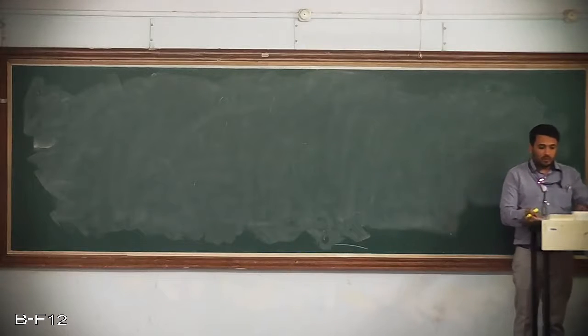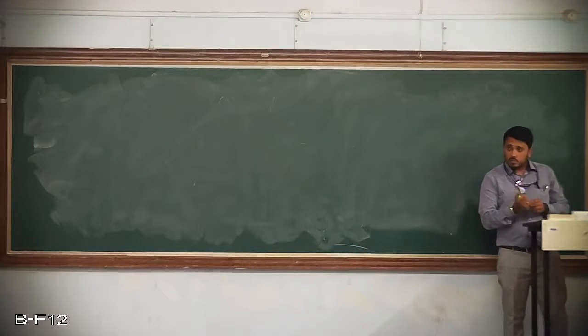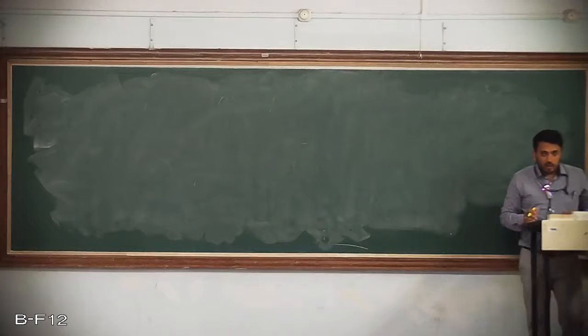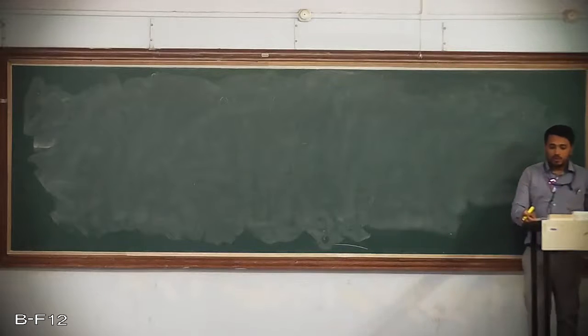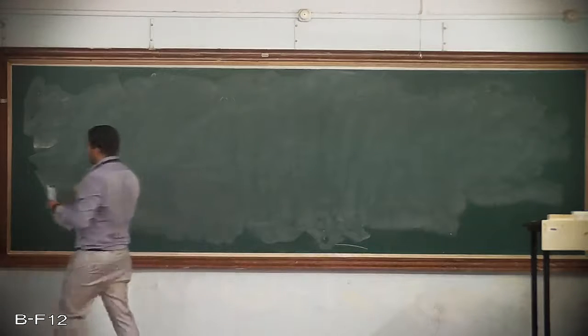I'll start with the numericals. So first one is: determine the reliability of a system for a period of 100 hours if the mean time between failure is 500 hours. So that means they are asking you to determine the reliability of the system.